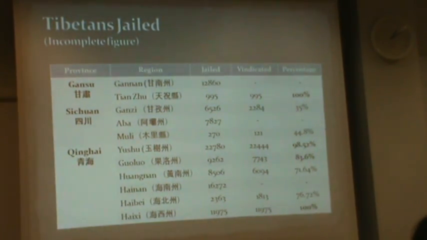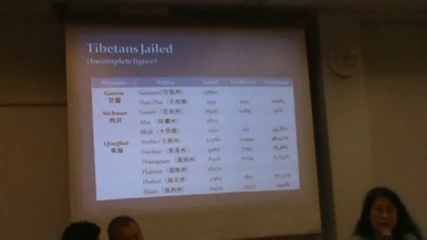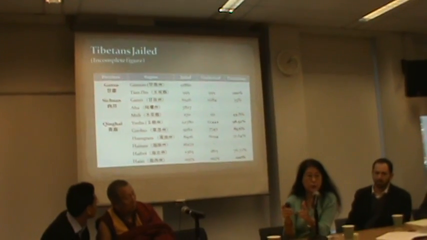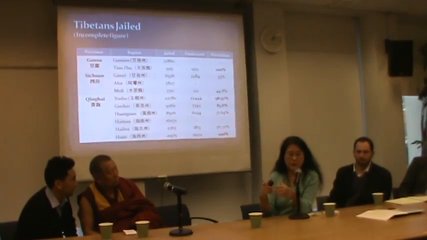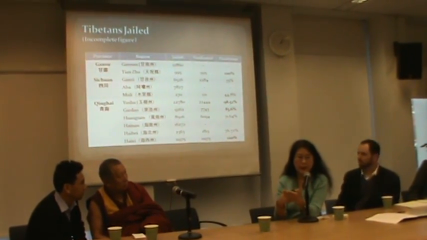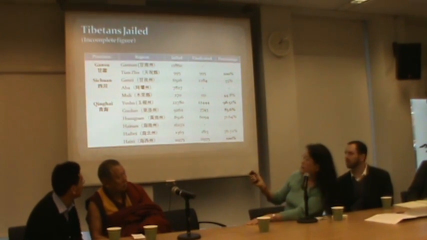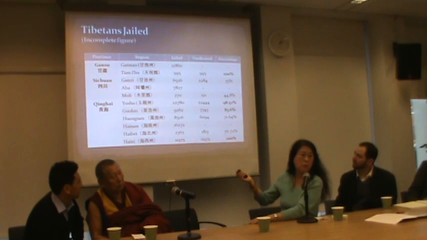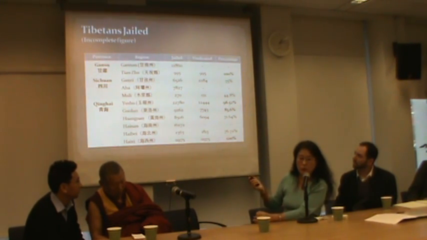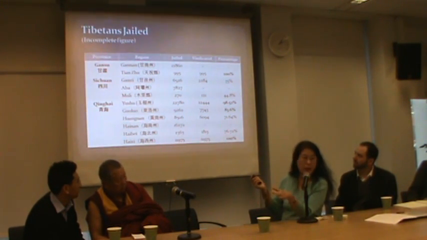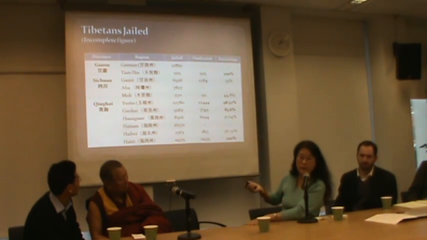The reason is that it's a mixed nationality. I'm not sure from the total number how many are Hui and how many are Tibetans, so I excluded them. Those I know for sure, or at least I'm more comfortable with, are the number of Tibetans arrested and put in jail.